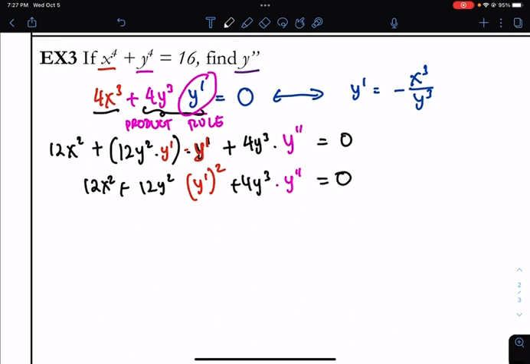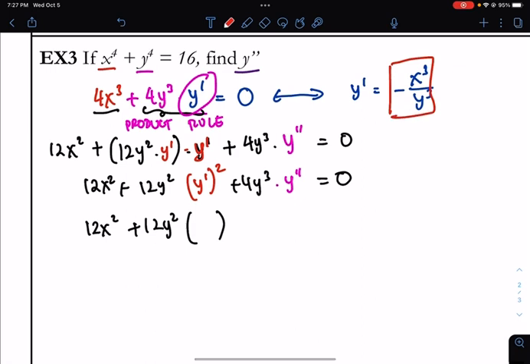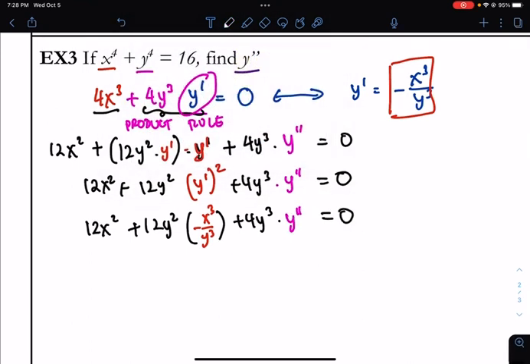Okay, and we're gonna bring it down. If you notice, we know that y prime is this, right? Negative x cubed over y cubed. So we can just substitute that for y prime, and then 4y cubed times y double prime, equals 0.